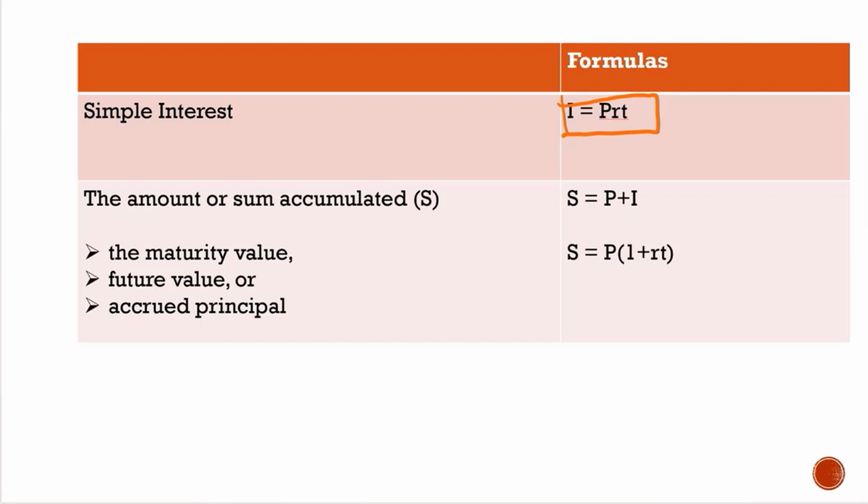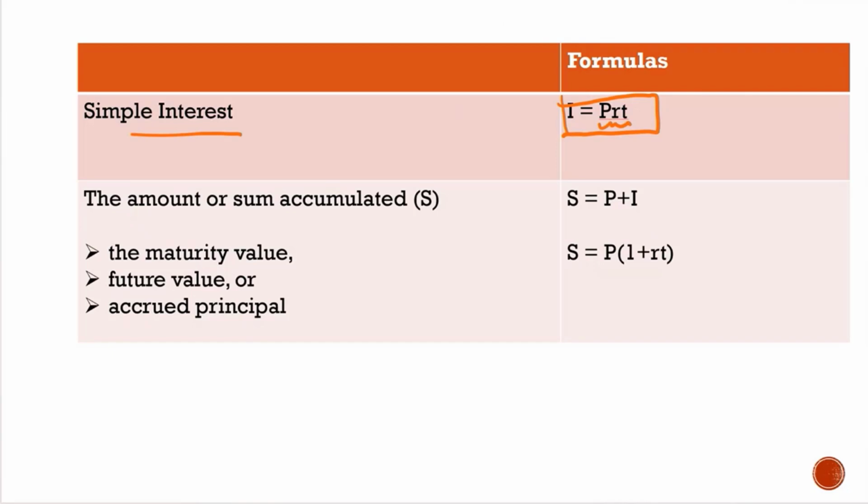This is the formula that you use when you want to calculate the value. If you've got these variables that are given, and you are asked to calculate the simple interest, you would use this formula. However, you are not always going to be given all of those variables.